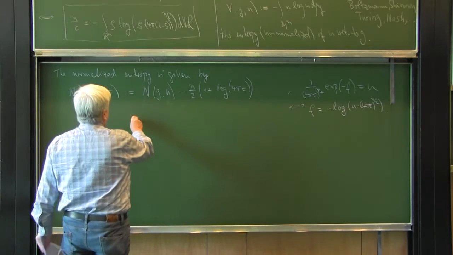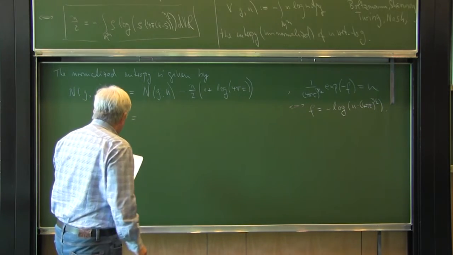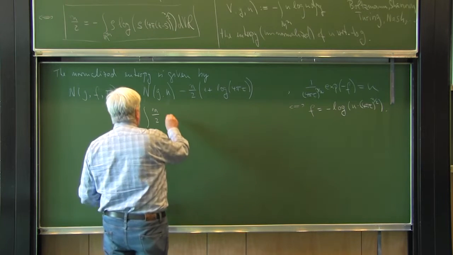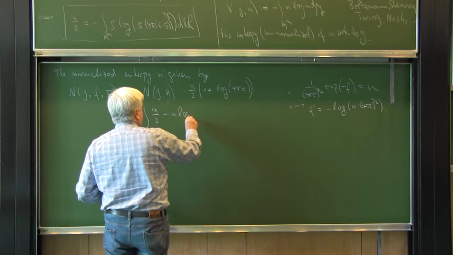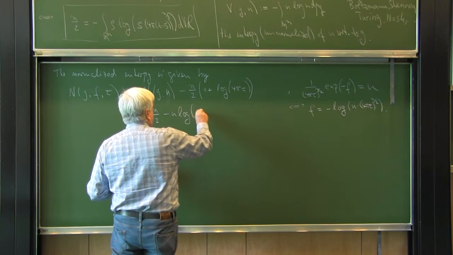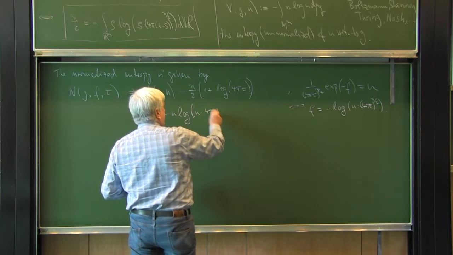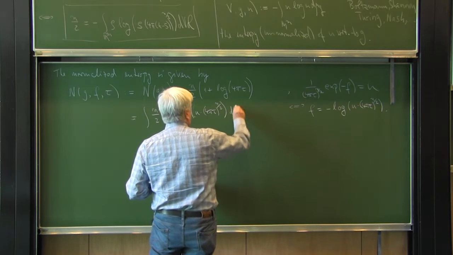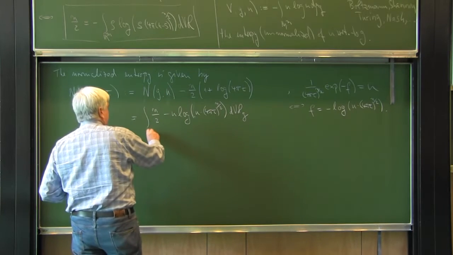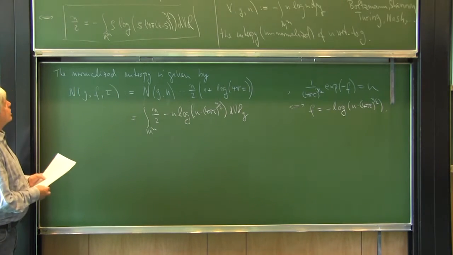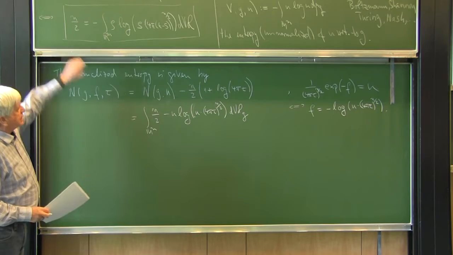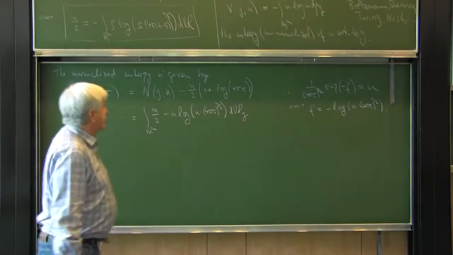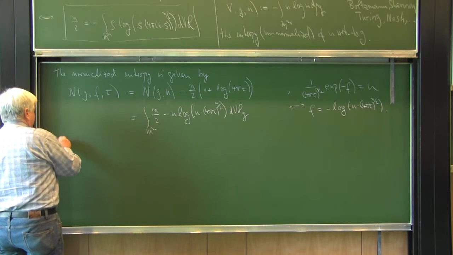And then this quantity becomes the integral of n over 2 minus u log of u times (4 pi tau)^(n/2) with respect to the measure g, and you see that this quantity is chosen exactly such that in Euclidean space you get 0.